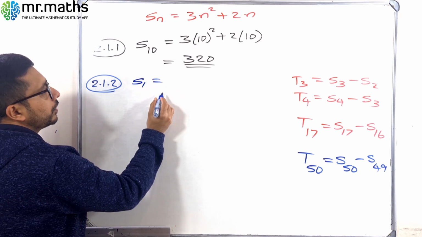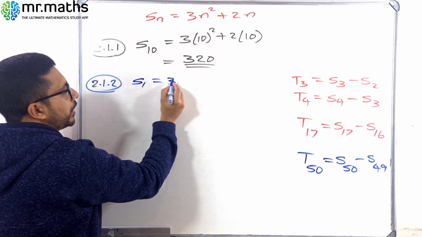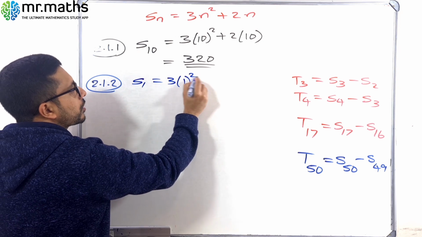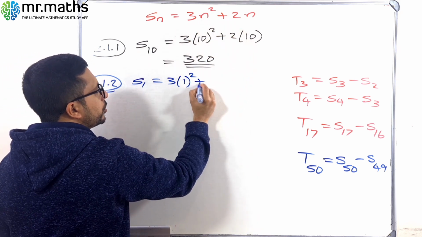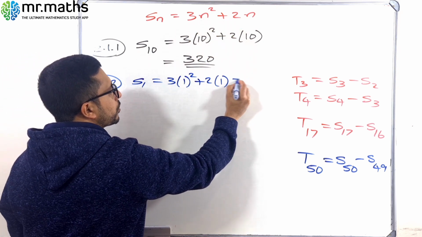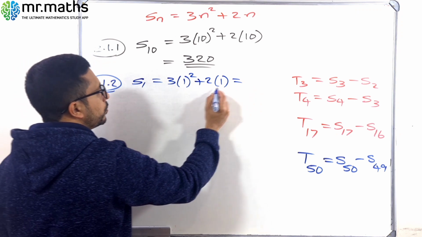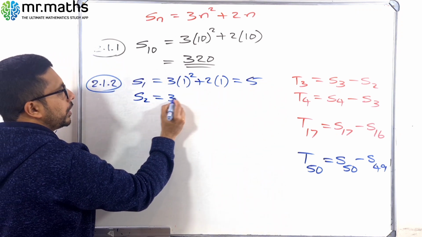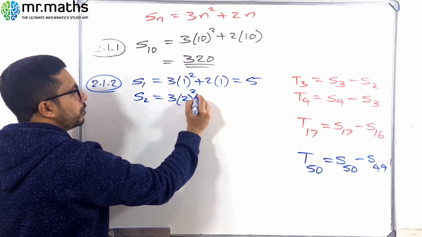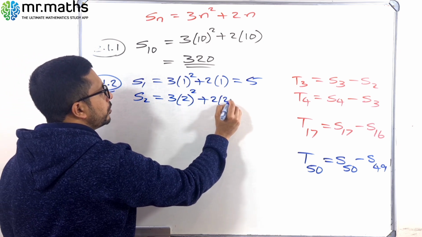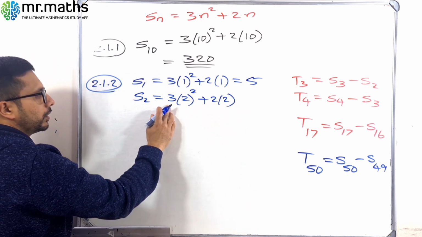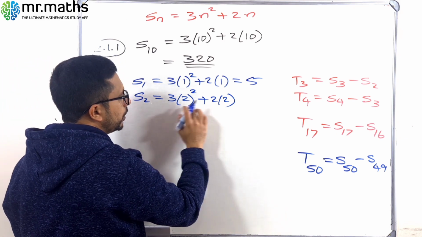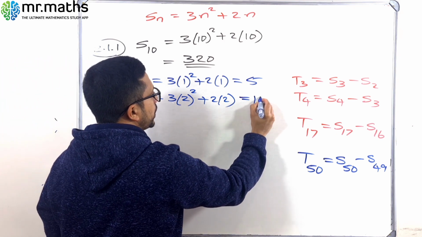What is S1? We have to substitute the value of n as 1. 3 into 1 square plus 2 into 1. So it is 3 plus 2, that is 5. S2: 3 into 2 square plus 2 into 2. So 3 times 4 is 12, 12 plus 4, 16.